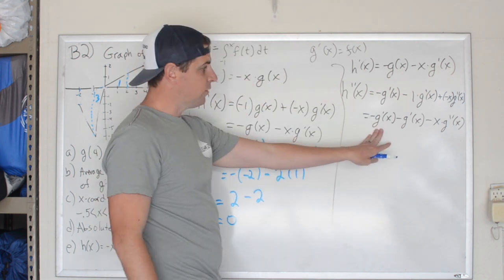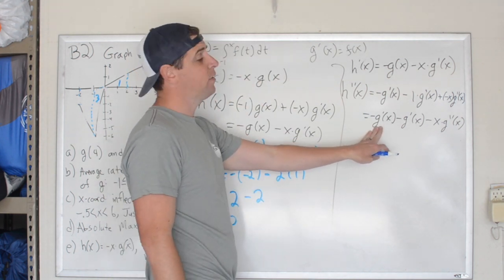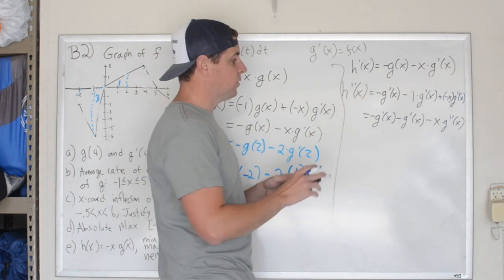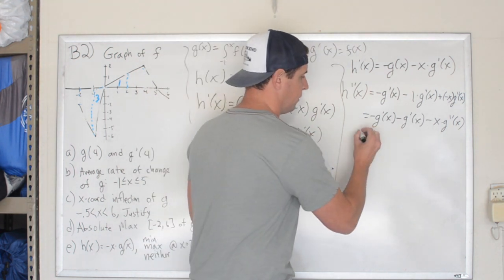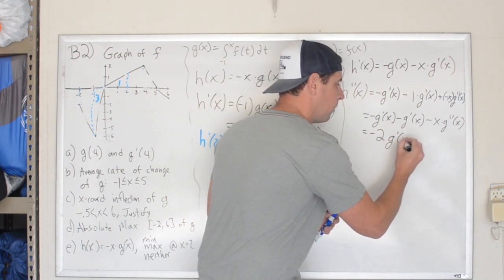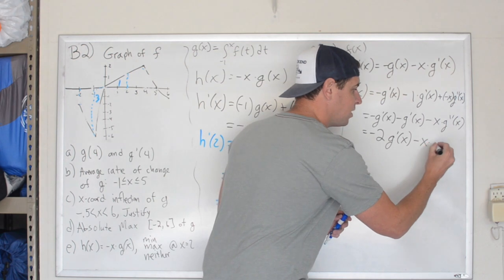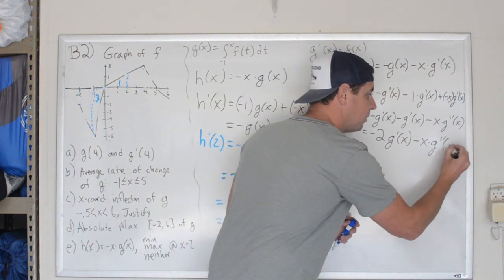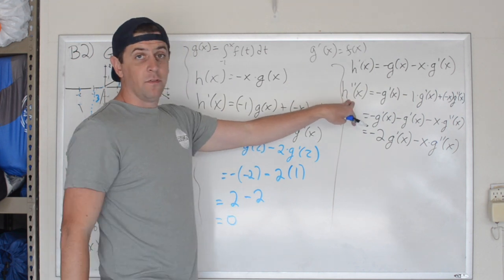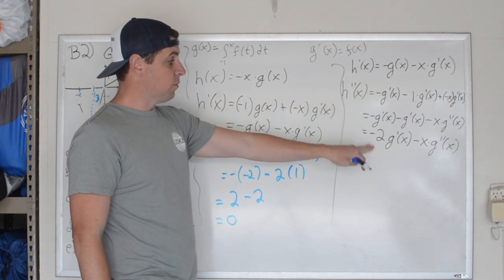Notice negative g prime of x and negative g prime of x will end up being negative 2g prime of x, minus x times g double prime of x. So I found the second derivative of h of x, and that's what it is down here.